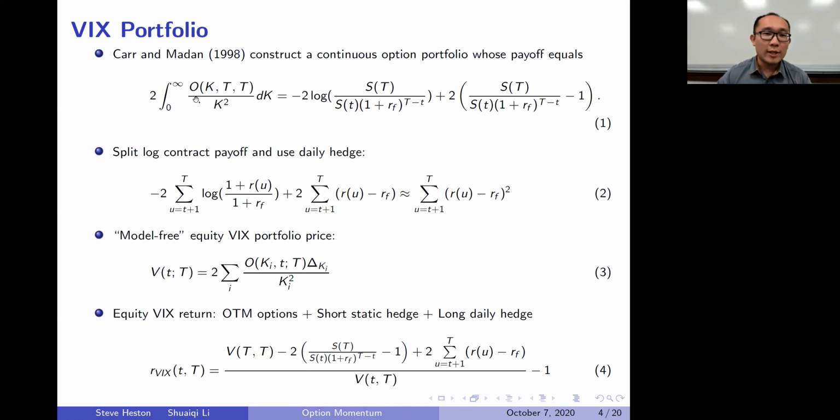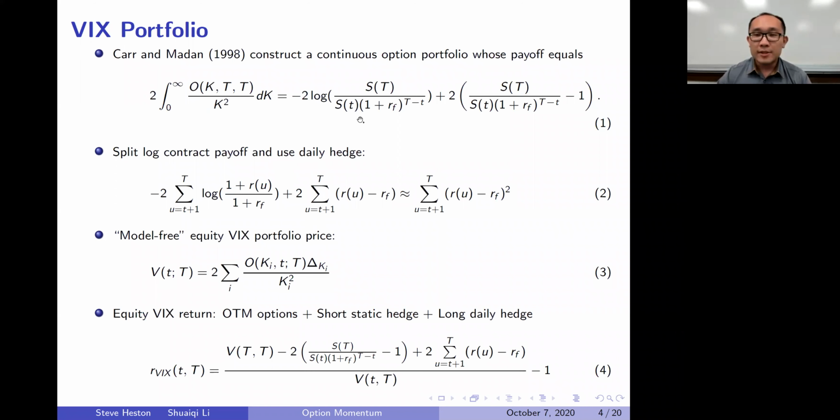They show the terminal payoff of this option portfolio equals the log contract payoff plus a static hedge position in the underlying stock. The S_T here is the stock price, and the R_F is the daily risk-free rate.